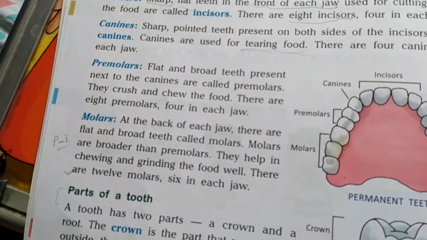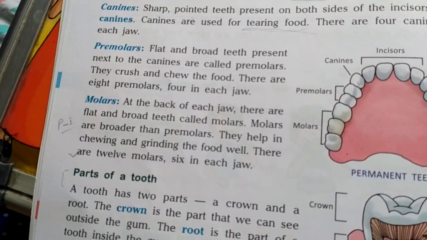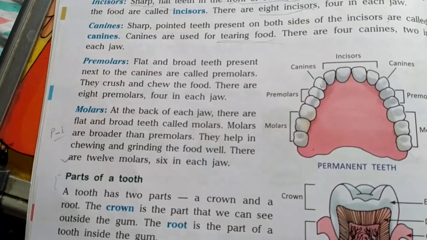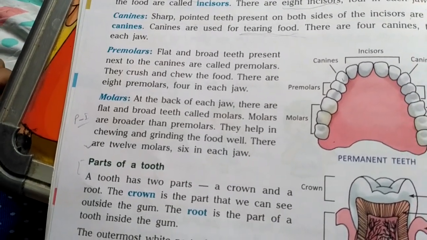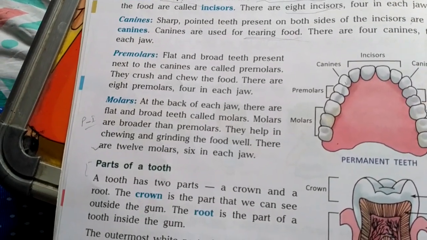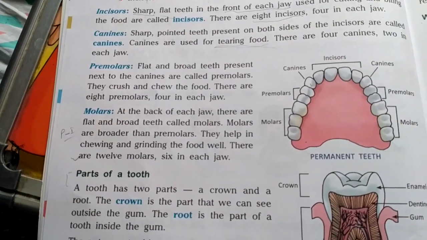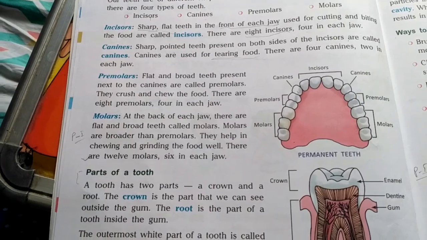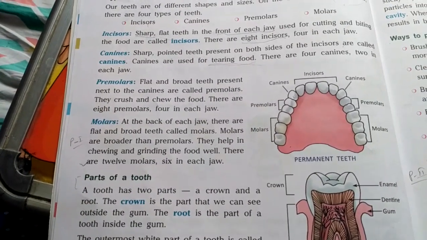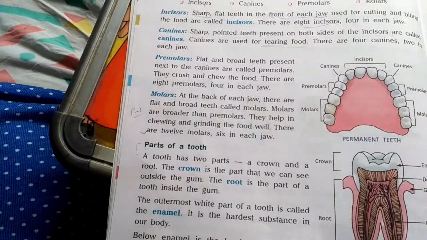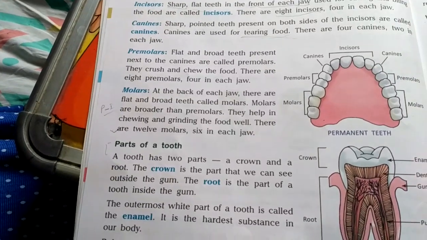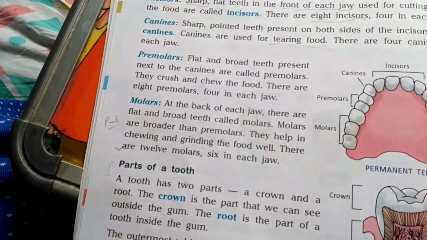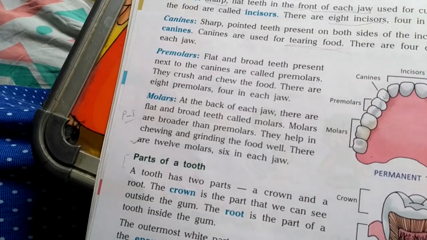Incisors were used for biting and cutting, canines for tearing, and now for crushing and chewing, because we have to chew our food before swallowing it. You should chew your food properly before swallowing, so that it enhances the proper digestion of your food.